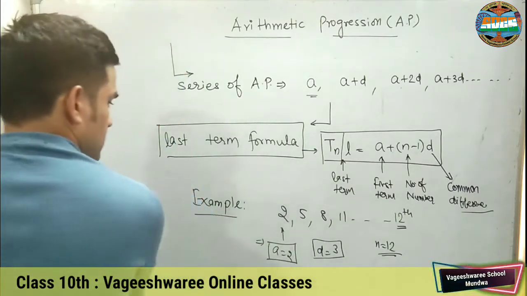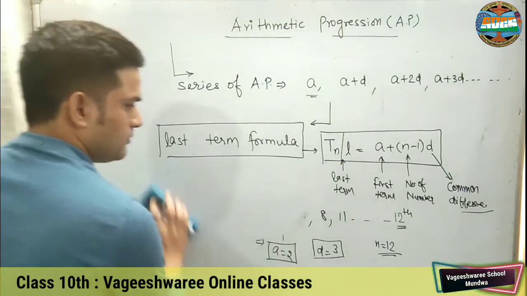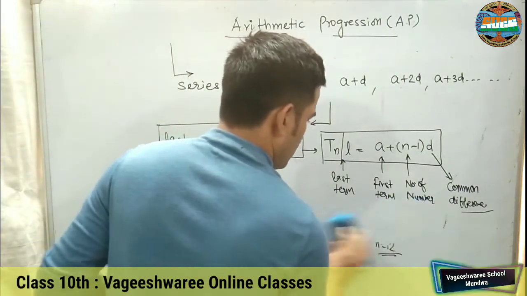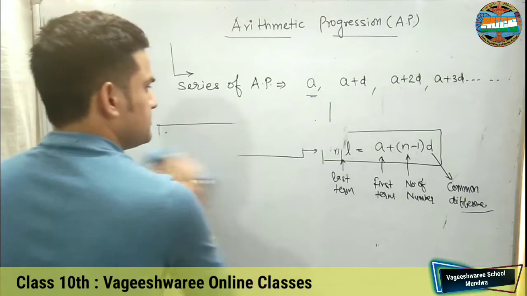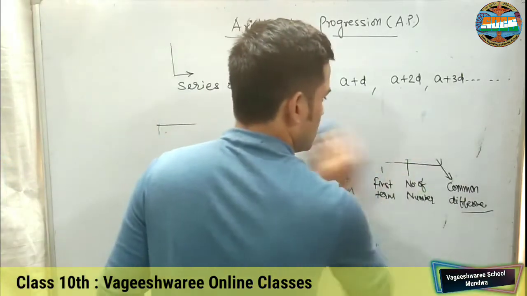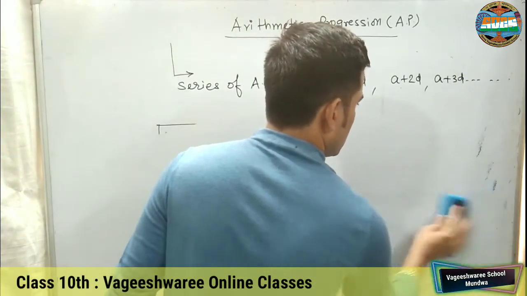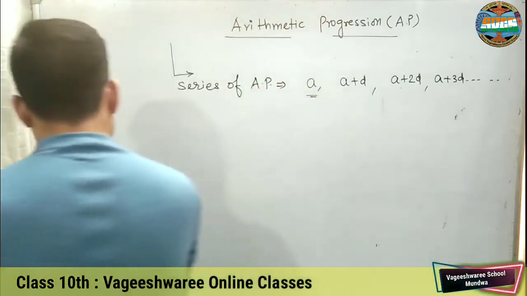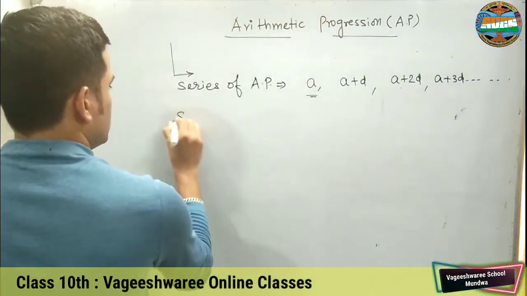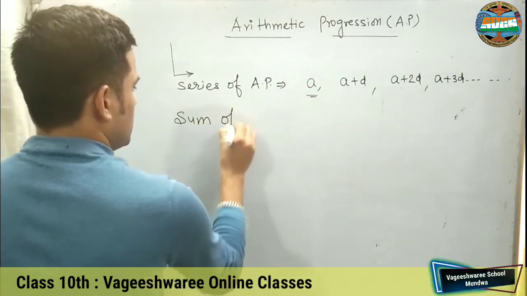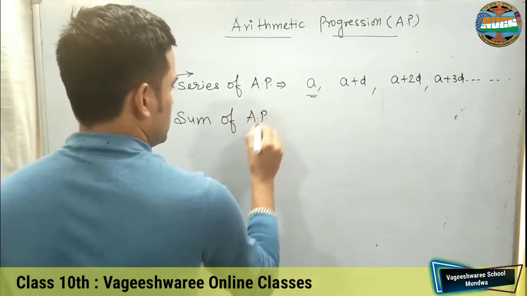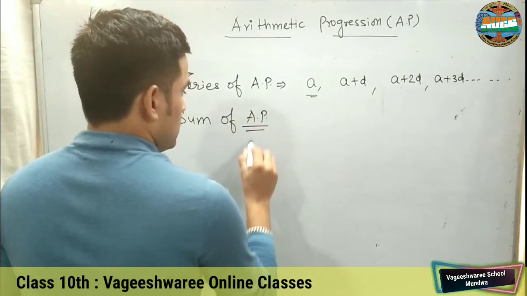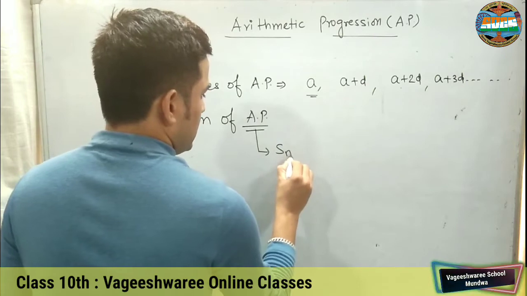So the next formula of AP is for finding the sum of AP. This is denoted by Sn.